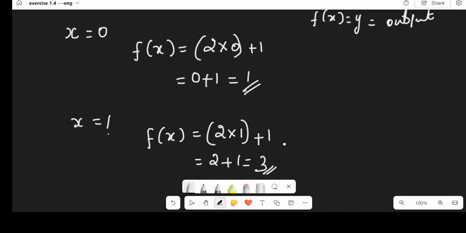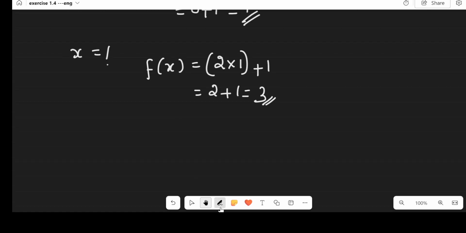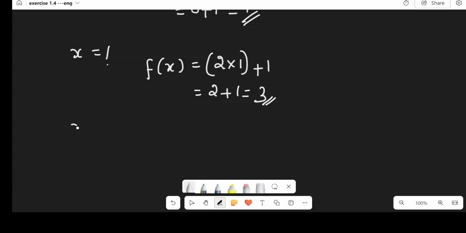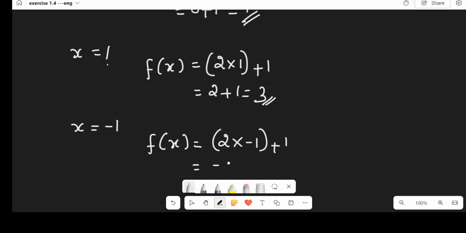Now I am going to give x equal to minus 1. Then f of x would be 2 into minus 1 plus 1. Minus 2 plus 1 is minus 1. Okay, we are getting a different answer.